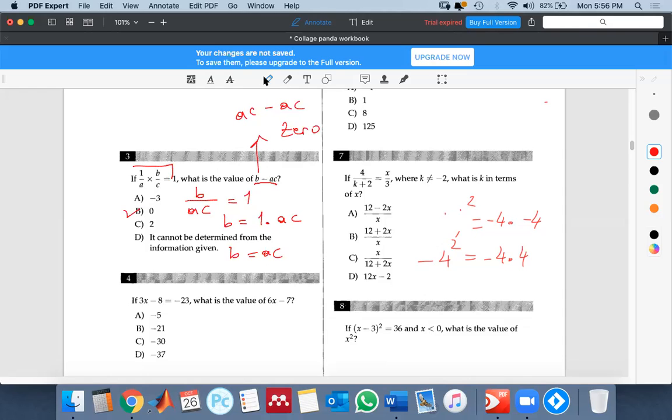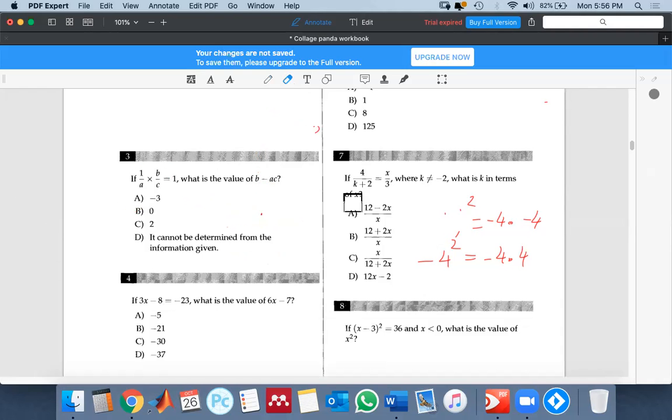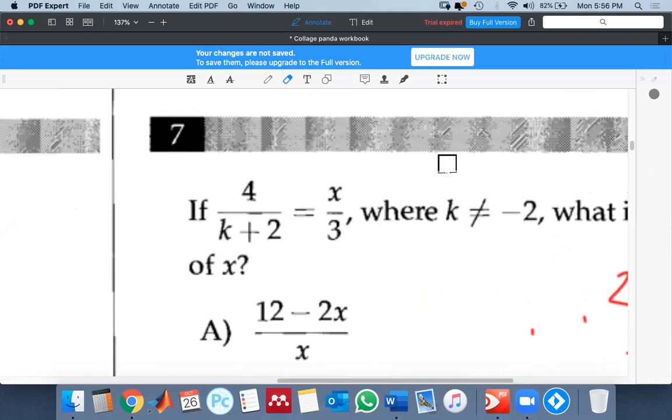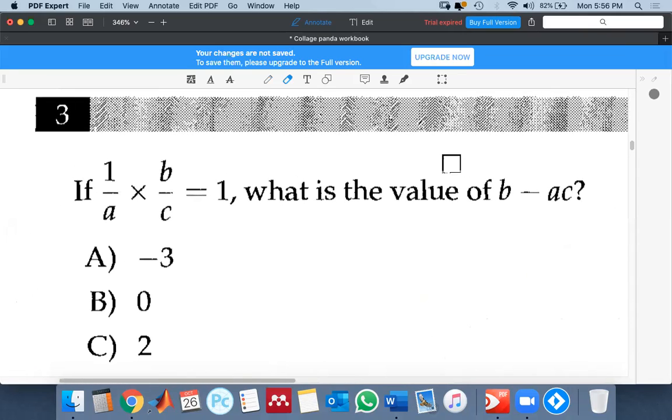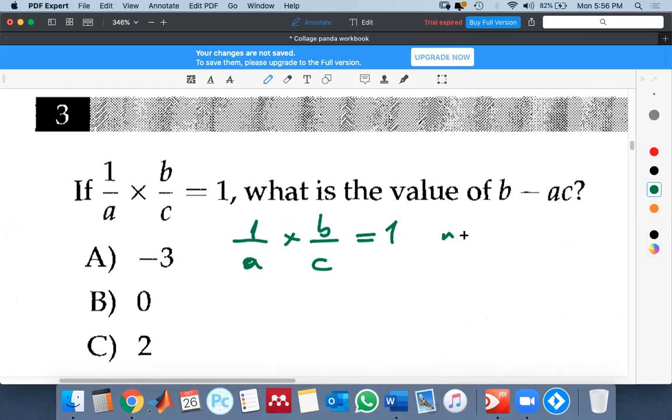Okay, one more time. They said B minus AC. So let's make it bigger. Here, 1 over A times B over C is equal to 1, which means 1 times B divided by A times C is equal to 1.